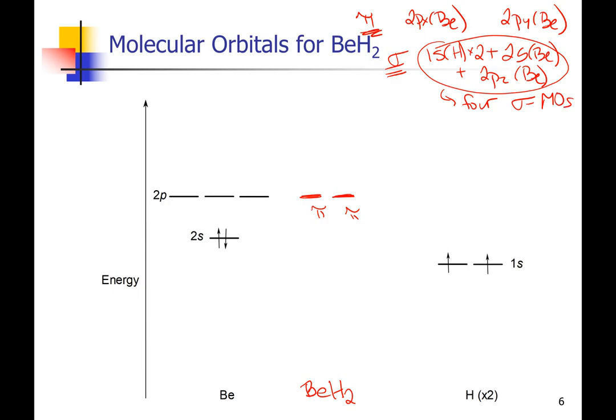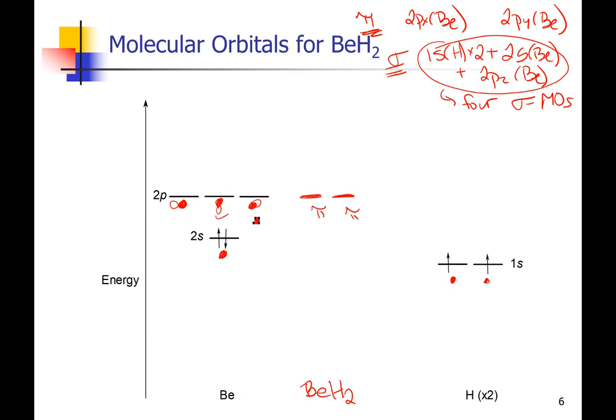So here we have our sigma, our 2pz, and then we had this guy over here, and the forward and backward one. This is the 2s. There's my hydrogen, and there's my hydrogen. So we've already located those two on our diagram.